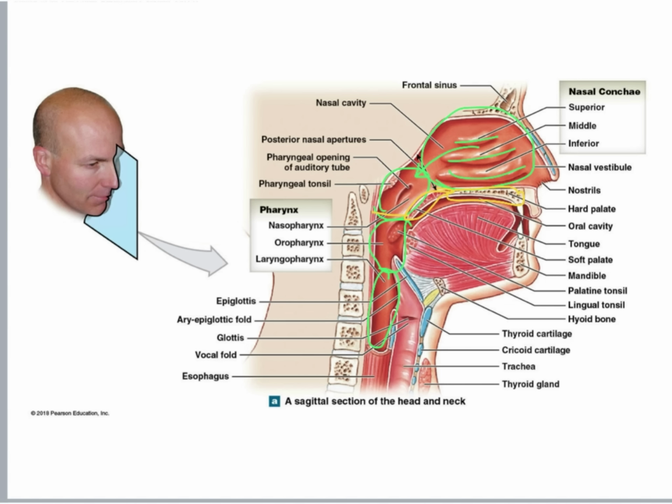A very interesting thing is that the epithelium changes when it crosses from the nasal pharynx to the oral pharynx. In the nasal pharynx, we have the regular respiratory epithelium, which is the pseudostratified ciliated columnar epithelium. But now in the oral pharynx and also in the laryngeal pharynx, which is below the oral pharynx, we have stratified squamous epithelium, so several layers of squamous cells.